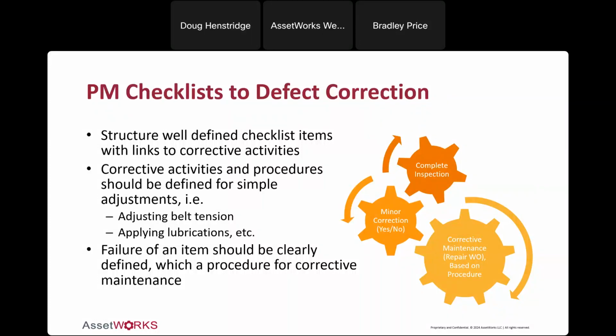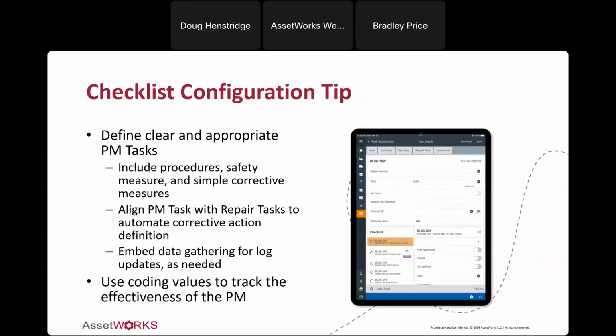I talked about automating procedures, again, being able to capture data, report on data, use parameters of pass fail, or a range of values to trigger maintenance operations is often another way to go.